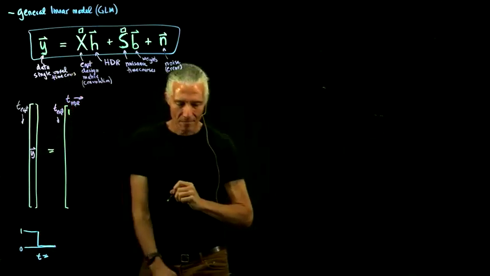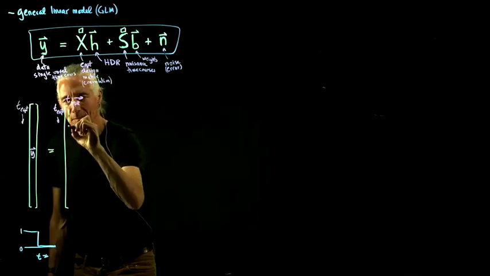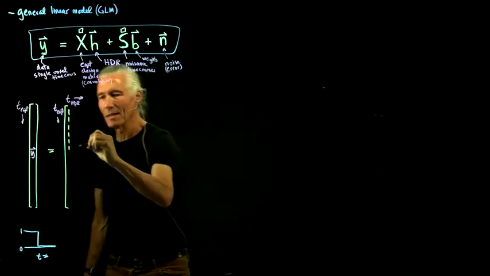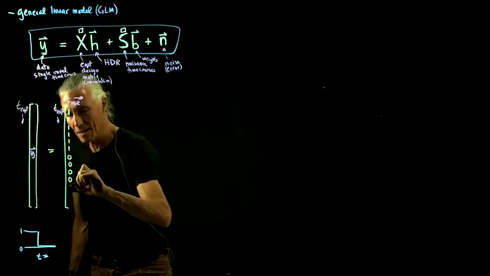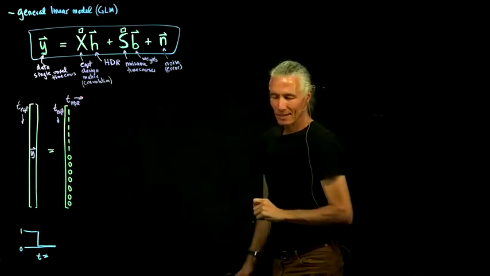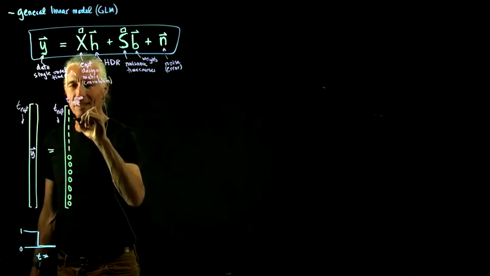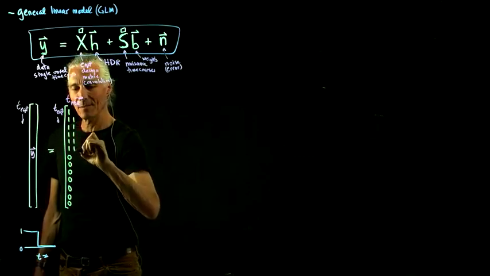Let's look. Let's turn the experiment on for, say, that many times, and then it'll be zeros after that. I won't draw all the rest of the zeros. The way you write out a convolution with a matrix is we just displace the ones like this.